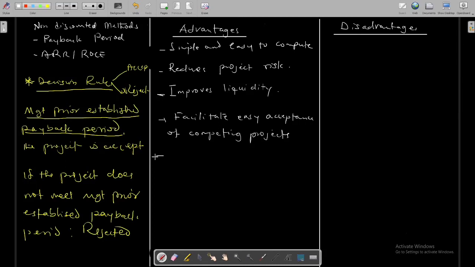When a company has two or more projects, then a project that pays its initial capital within the shortest time will be accepted over a project that pays the initial capital over a long period. So the payback period helps to accept projects that are competing on the grounds of the one that pays the initial capital earlier than the others.